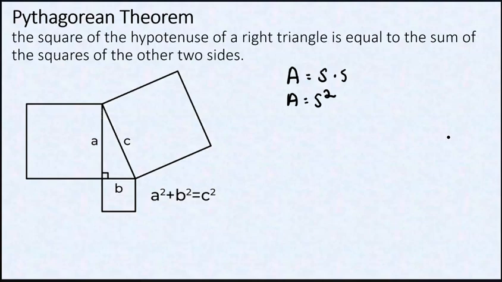So, for example, if the length of this side of the square is, let's say, 5, that means each side is 5. And then I would place that into my formula, 5 squared, giving me an area of 25.